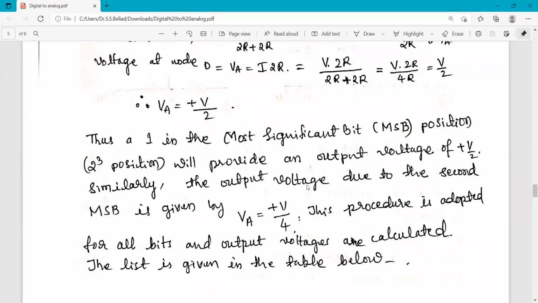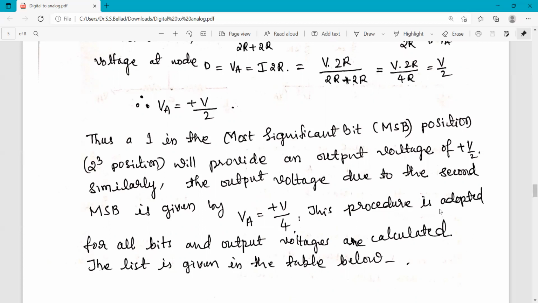Similarly, the output voltage due to the second MSB is given by VA equals plus V by 4. And for the third MSB, it will be VA equals V by 8. Like that it continues.